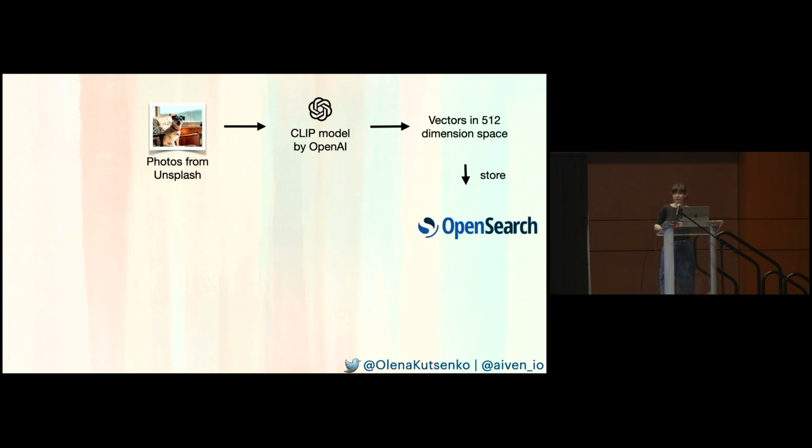Next, we store that vector in another database, which is capable of working with vectors and comparing them to each other, and this is OpenSearch. I love OpenSearch. It has a lot of capability to work with vectors and compare them, and has indexes and other features.